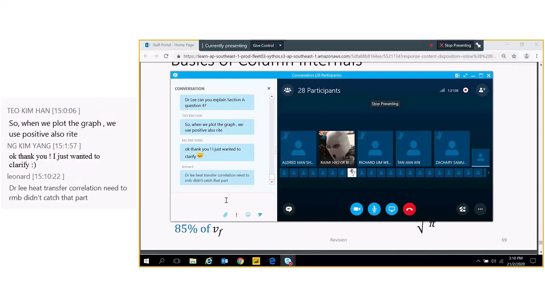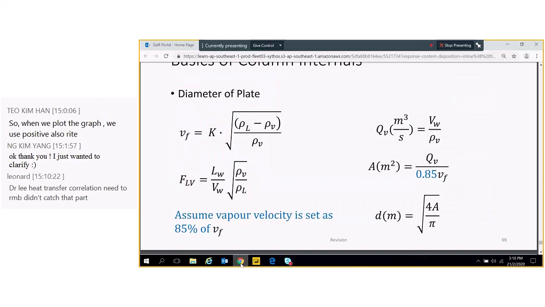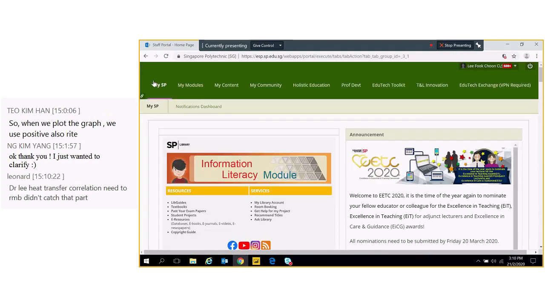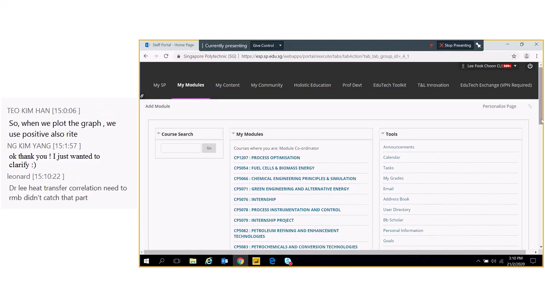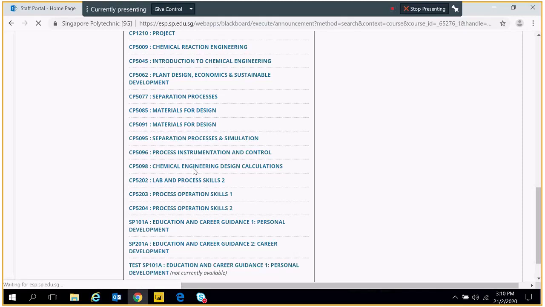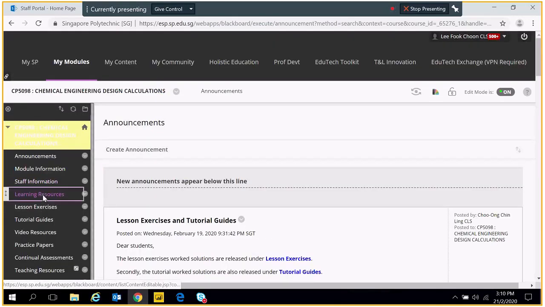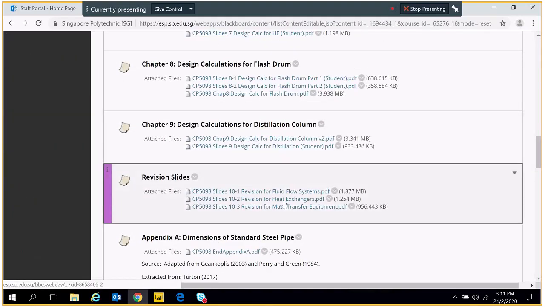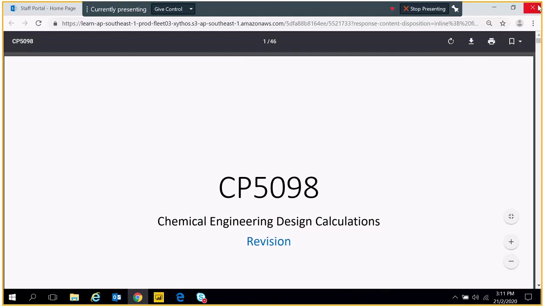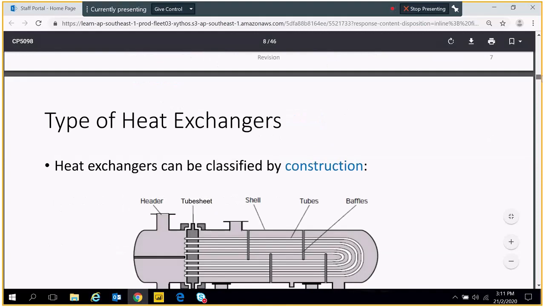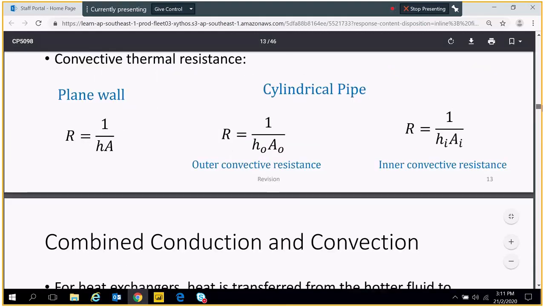Okay, heat transfer correlation. Now, if you talk about the heat exchanger, you don't have to memorize the correlation, you can see it over here.